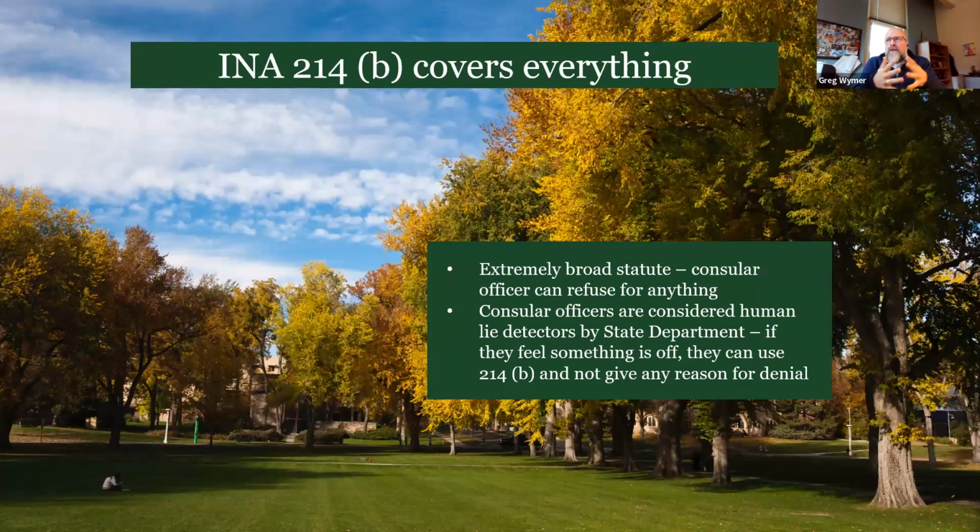The U.S. consulate officers are considered human lie detectors by the State Department. They go through a lot of training on this. And so if they feel something's off, they can use 214B as a reason and not give you any other reason for the denial. This is why it's extremely important to be honest and genuine and just present yourself as who you are. As mentioned before, they have notes from previous interviews. So if anything does not match, they'll probably deny you.